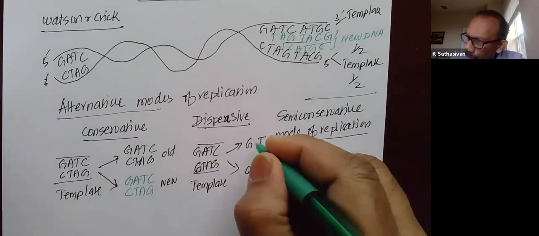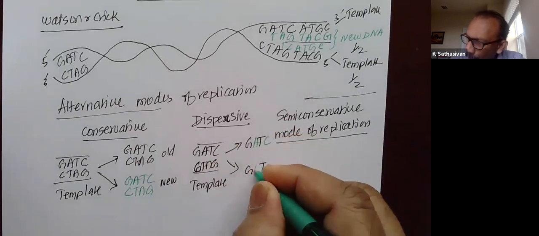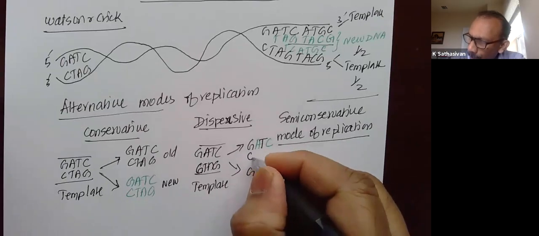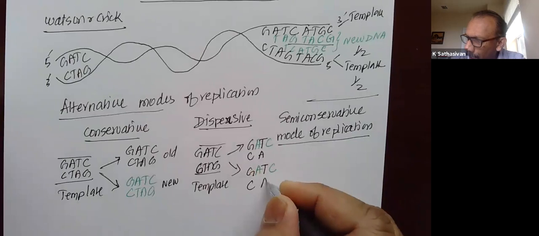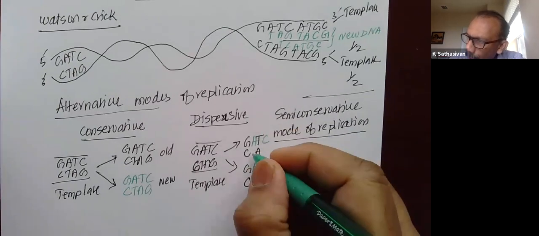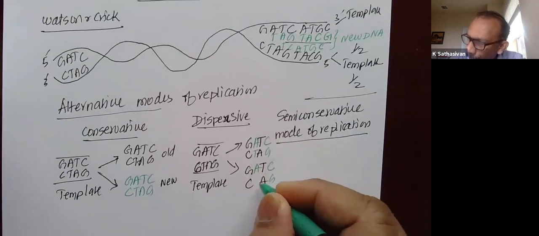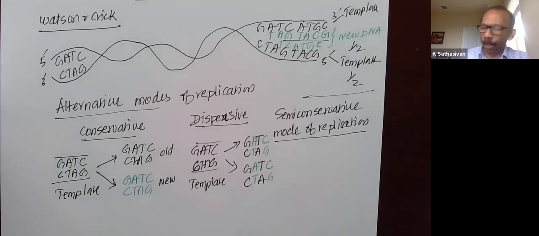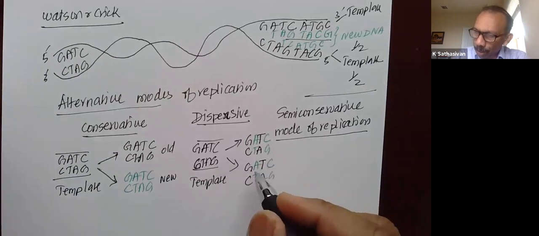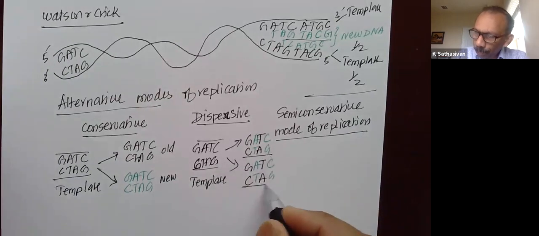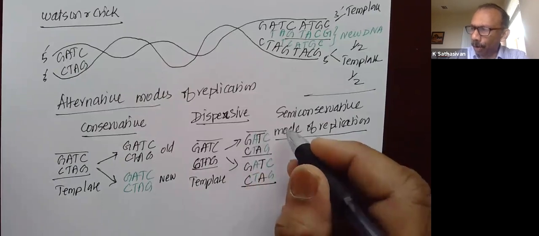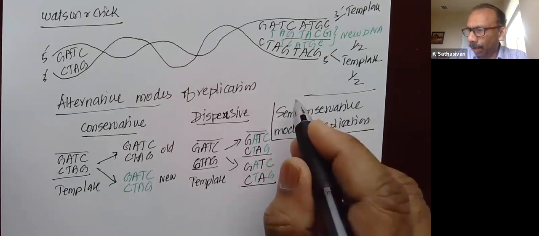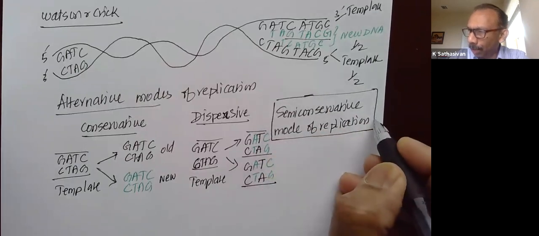And let's put the A and C here, A and C here, and the same thing is going to happen as the CA, CA. So in each strand, you're going to have old and new mixed together. So this is considered the dispersive mode, but the experimental evidence was to confirm the semi-conservative mode.